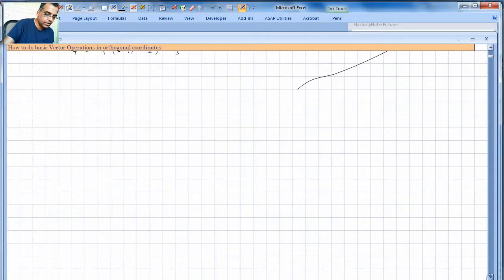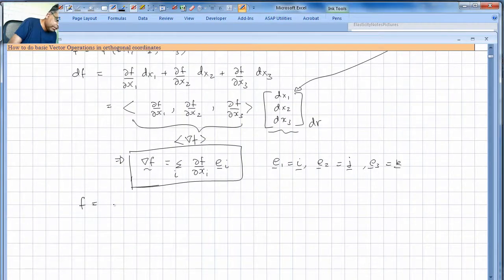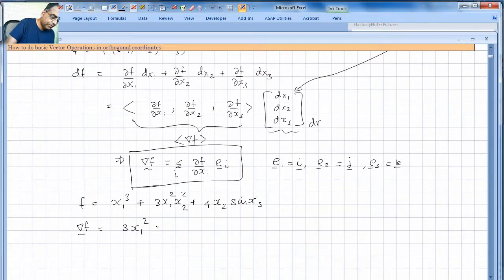For example, if f is x1 cubed plus 3x1 squared x2 plus x2 squared plus 4x2 sine x3, then gradient of f, let's see, will be: differentiate with respect to x1, and you will get 3x1 squared plus 6x1 x2 squared.